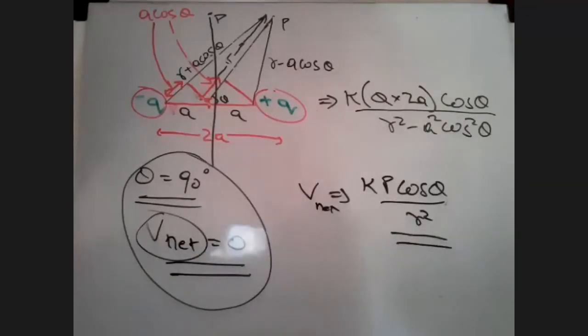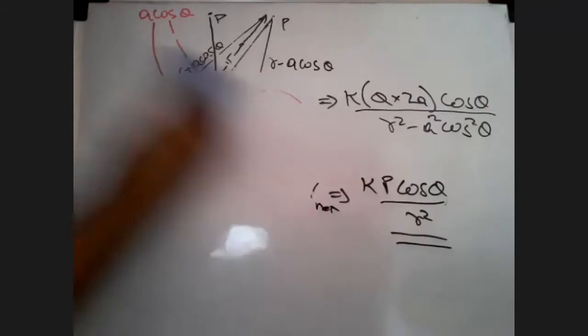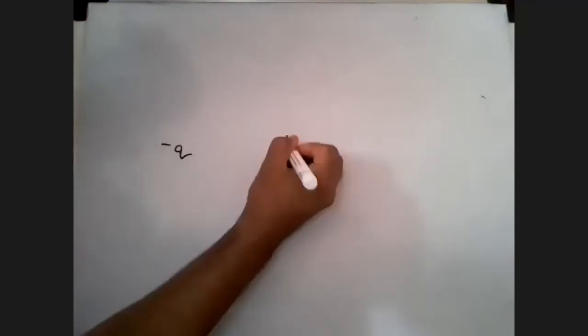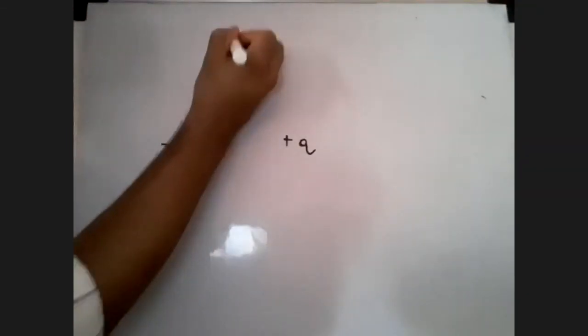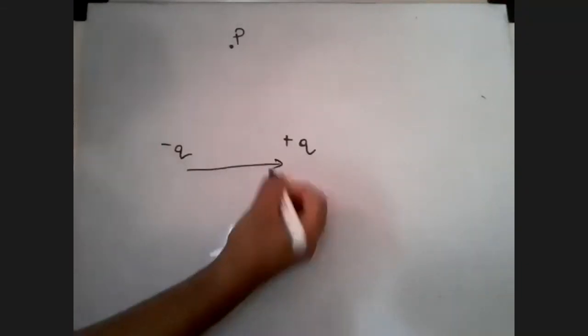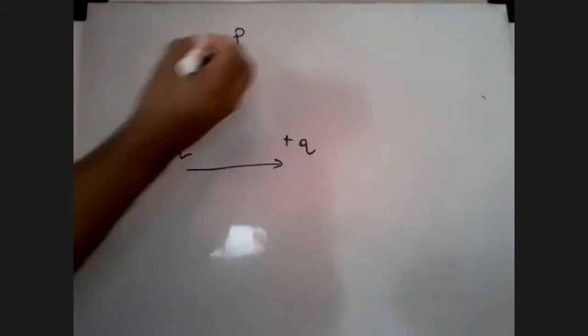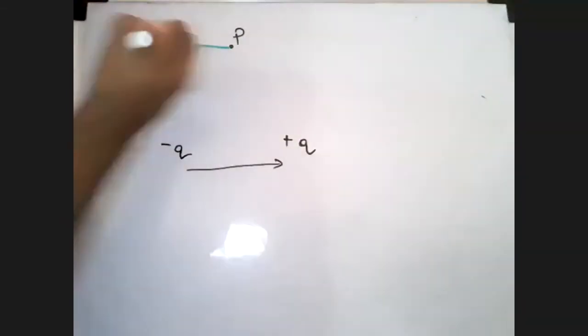Another thing I will tell you: when we studied the bisector thing, you remember the broadside on derivation, a small thing. In that case, we had taken a minus q here, a plus q here, and we were to find the potential at this point. Dipole moment is always from negative to positive, and the electric field is in the opposite direction.